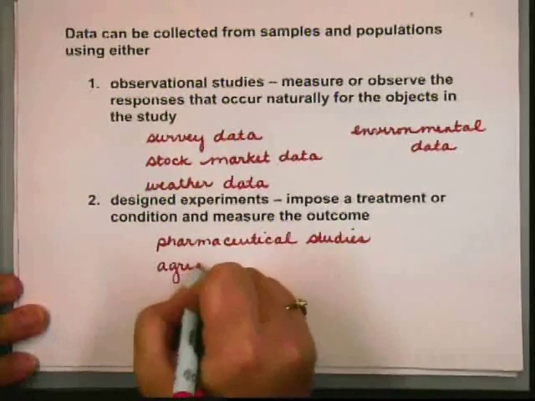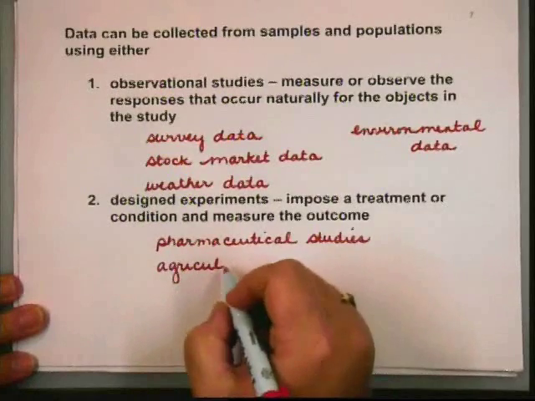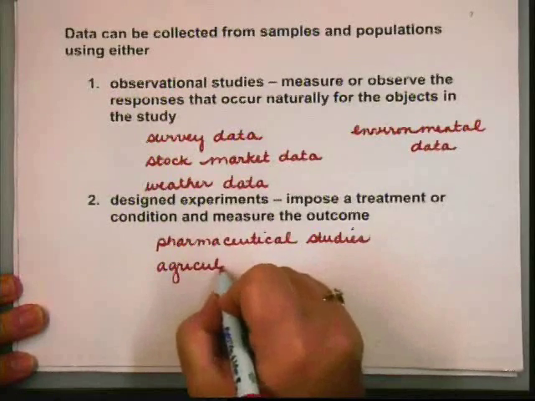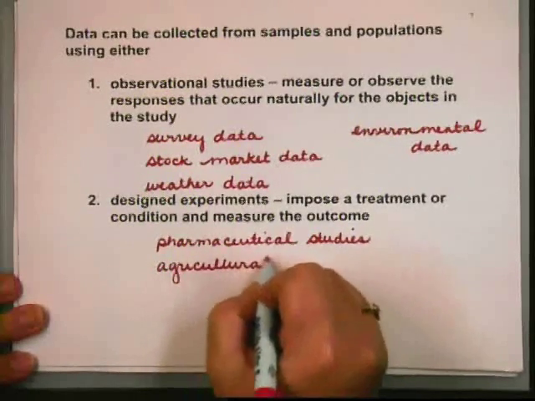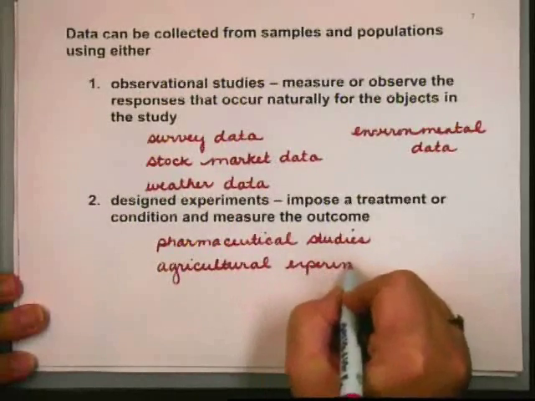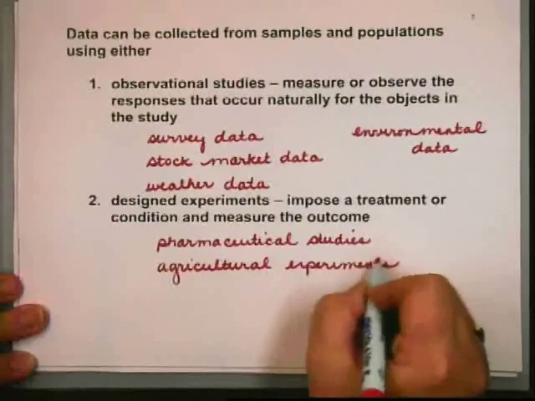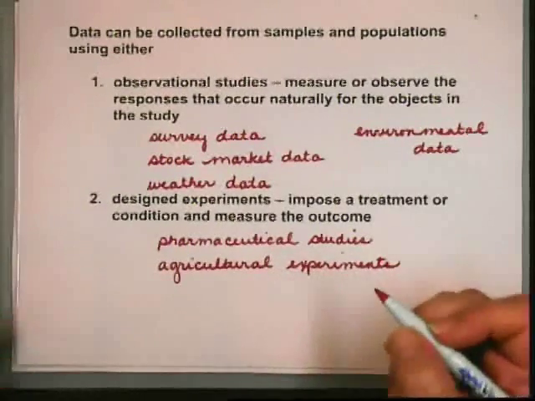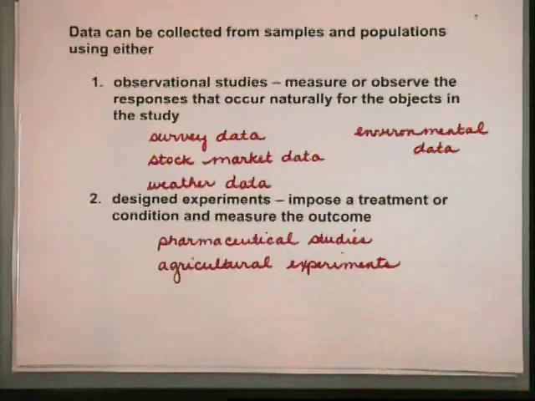Here at OSU, I would guess it would be remiss not to acknowledge agricultural experiments. The imposed condition can be a variety of plant, a fertilizer condition, a pesticide condition, with and without, or some other rate of application.